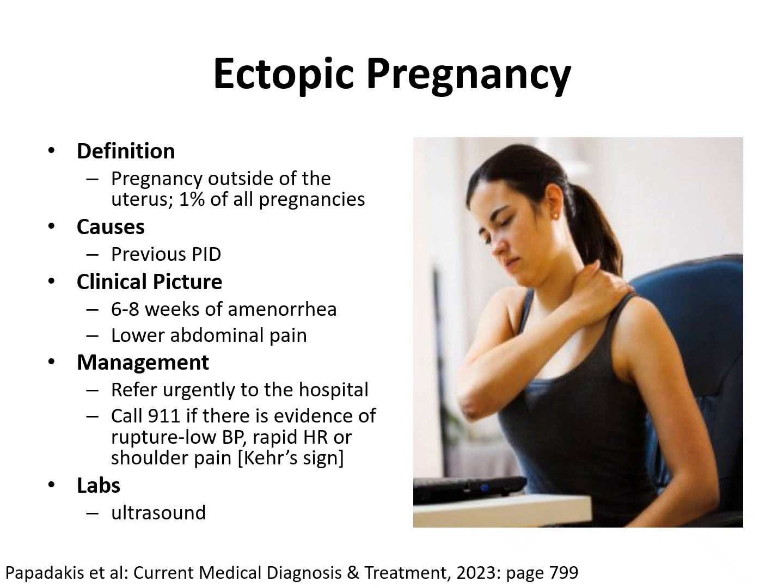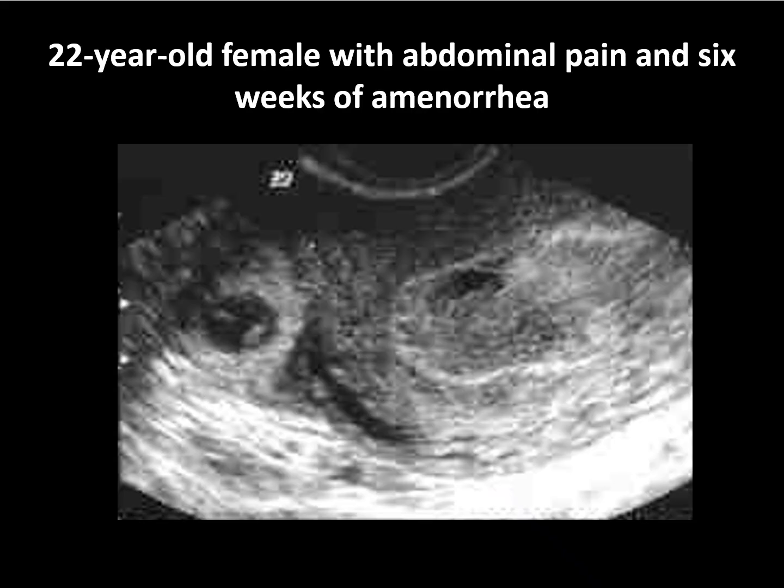Should that happen, call 911, because this patient could easily bleed out rapidly if this is not caught urgently and treated surgically. In the hospital, they will order an ultrasound of the pelvis, abdomen, and they're looking for the gestational sac outside of the uterus. They would also obviously confirm the patient is pregnant by doing the beta-HCG serological test.